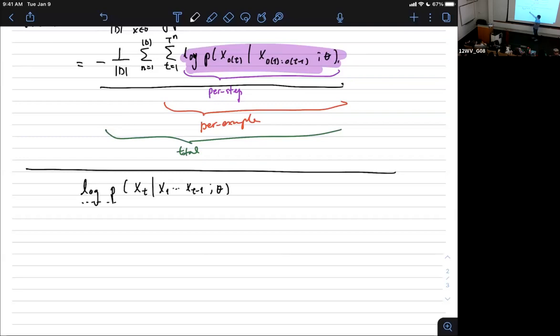Of course, if you look at the surface form, it looks like we're predicting the input text itself. But you can imagine that this one is just a class. You can replace it with y_t and you get the same supervised learning loss function. In the end, you just write y_t equals x_t. So that's a simple way to go about it.